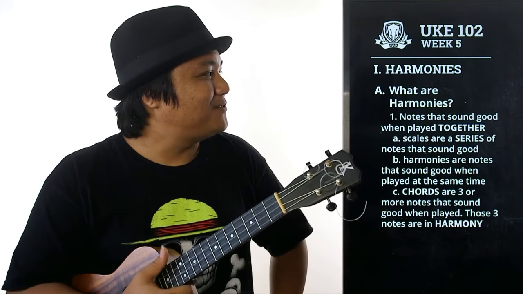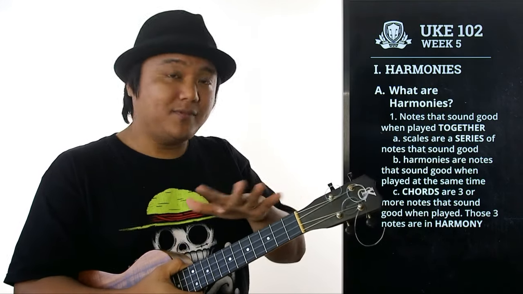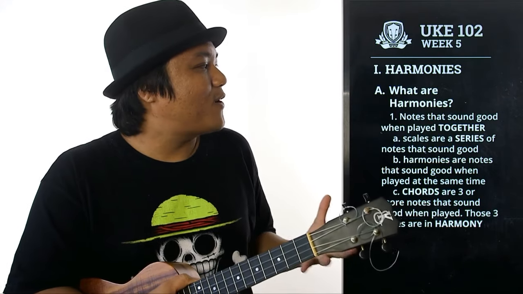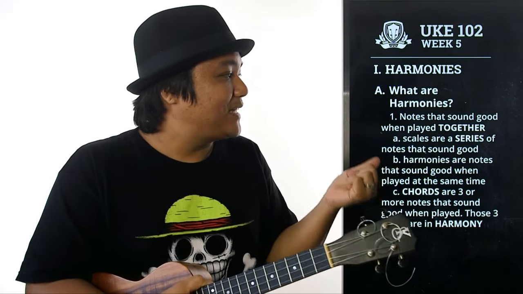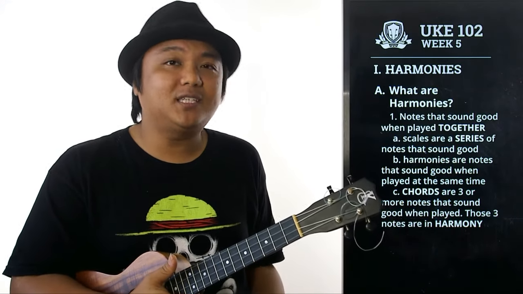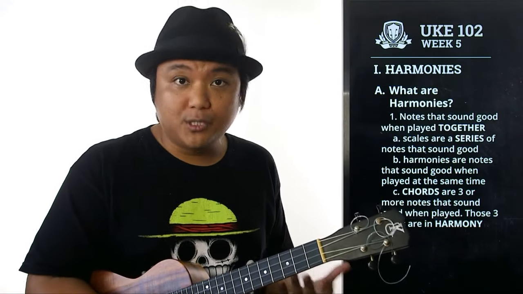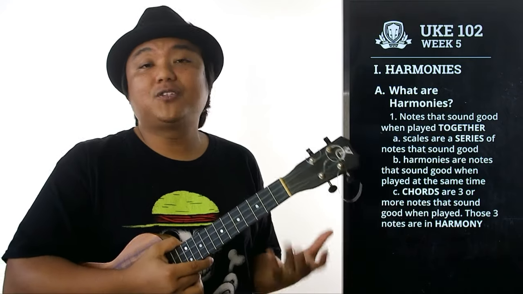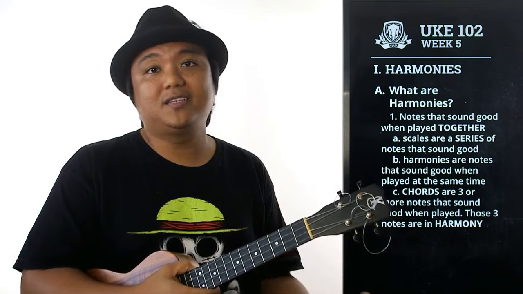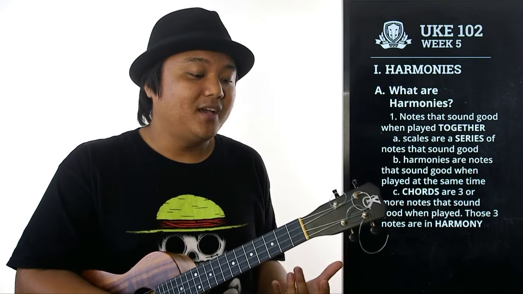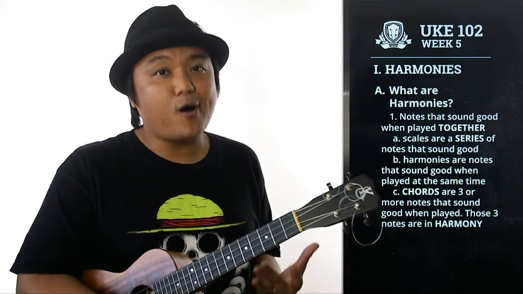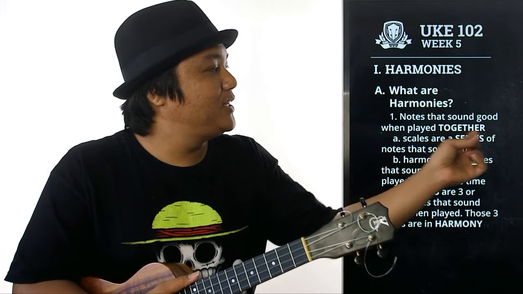All right? So first off, while I'm waiting for your questions, what are harmonies? Harmonies are notes that sound good when played together. Now, I know you guys have heard a similar sentence from me before: notes that sound good together. I refer to the scale as notes that sound good in sequence, or in a series. The difference between the scale and harmony is the word together.